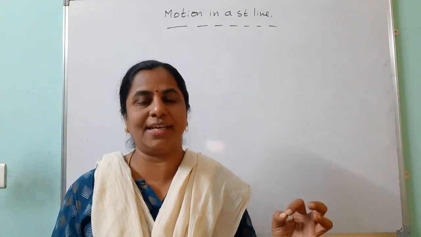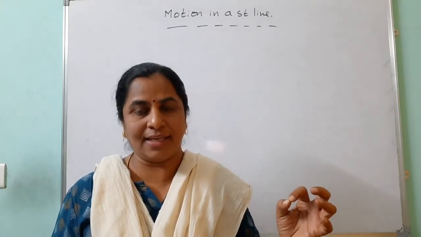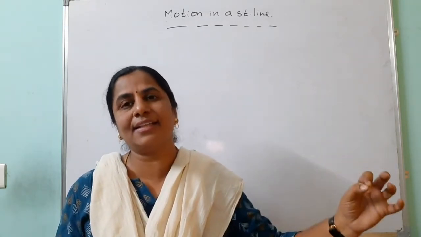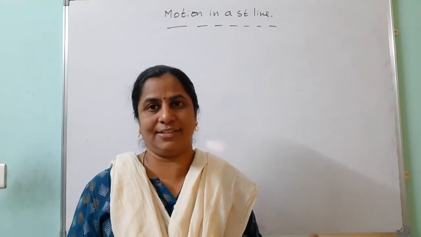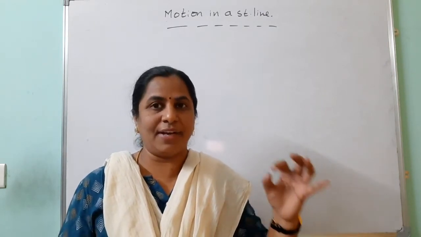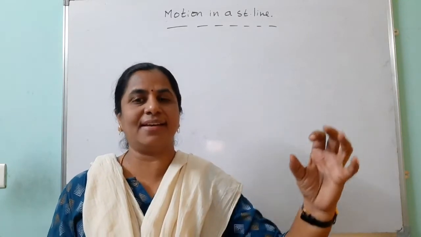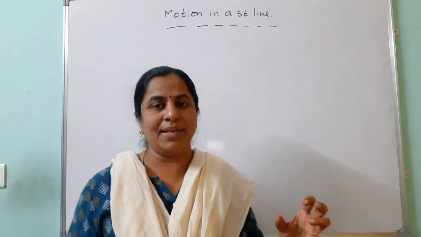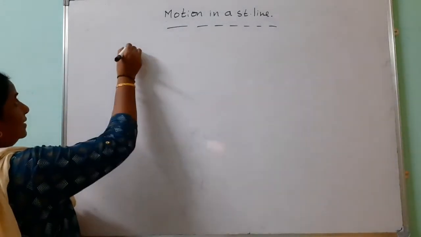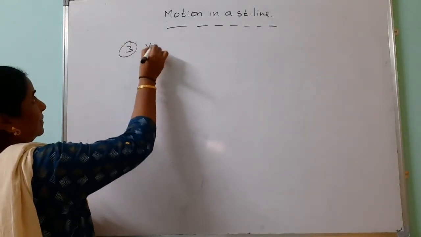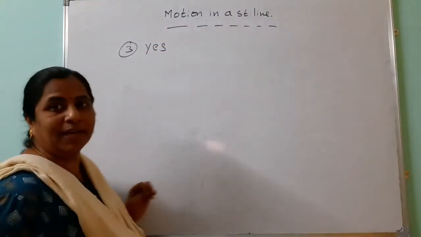But the question is, can the velocity direction be other than the direction of the acceleration? Is it possible or not? Whenever the question says "can", we can immediately answer yes or no. Here the answer is yes. For writing yes, we get 1 mark.